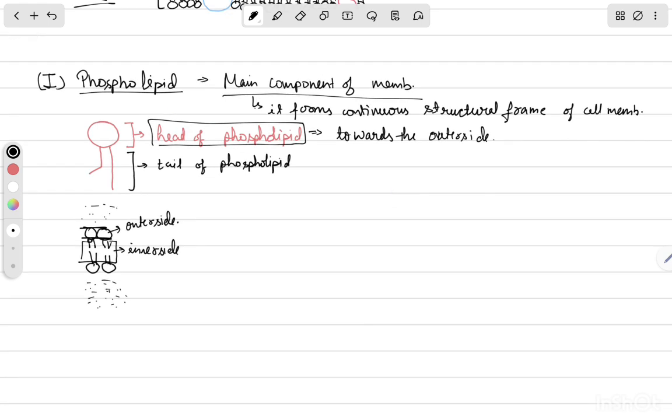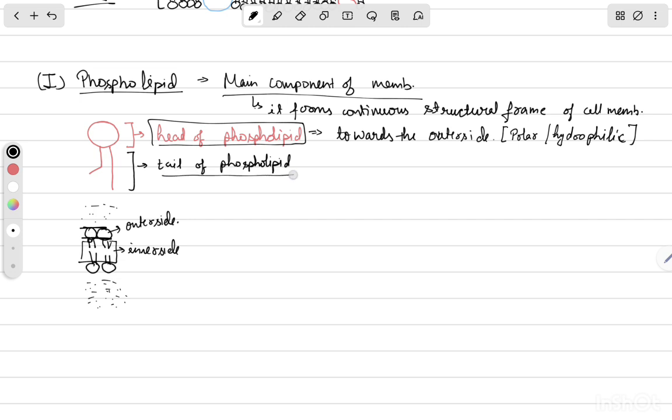Now there is a reason why it is always present toward the outer side, because it is polar in nature, or we can say hydrophilic. Hydrophilic molecules or water loving molecules means it can be in the medium of water, right?